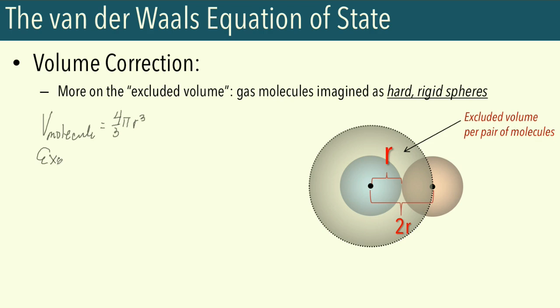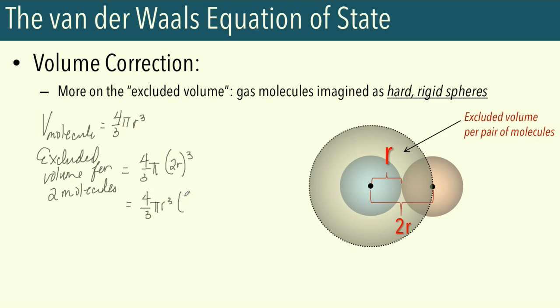The excluded volume for two molecules is going to be equal to 4/3 pi, where our value of r is now 2r, raised to 3. So this is equal to 4/3 pi r cubed times 8, or in other words, 8 times the volume of a molecule.